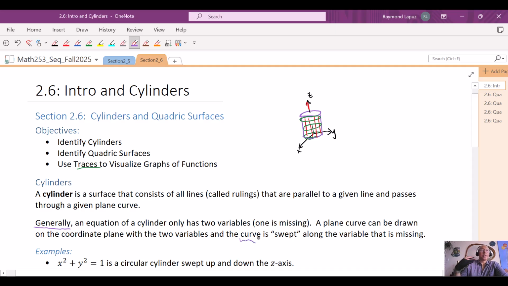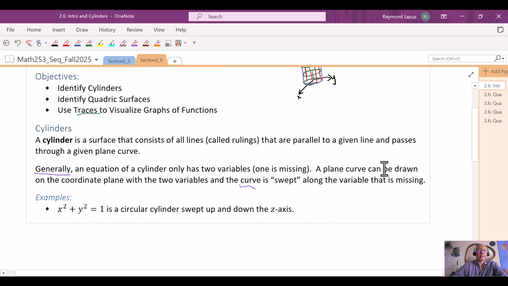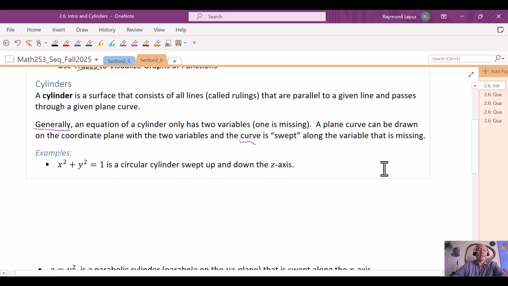The two-dimensional shape will be a curve, and I will sweep it along the variable that's missing. Of course, since we are talking about cylinders, our first example is going to be this circular cylinder, and I'll describe it as a circular cylinder because we'll see why. Now, I imagine on the XY plane, I would look at this and imagine, oh, that's just a circle of radius 1.